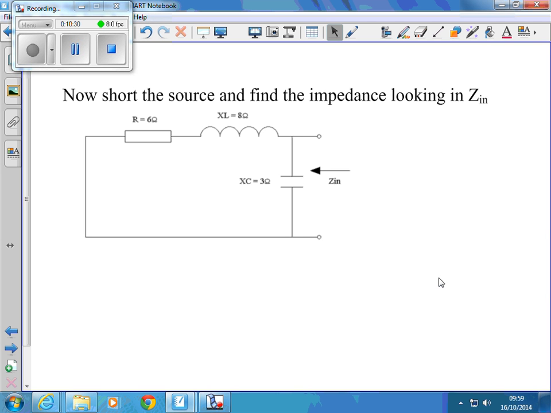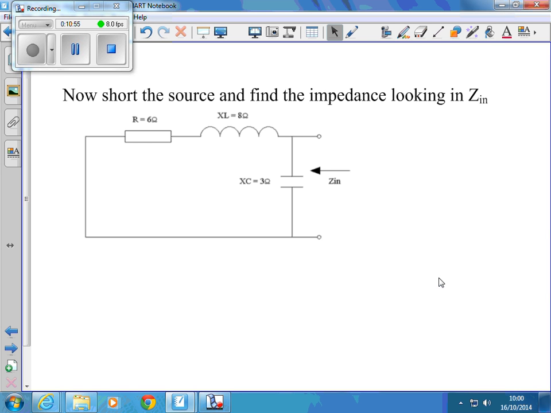We've got a capacitor, an inductor. How are they connected? The resistance and the inductor are in series with each other, and that series part is in parallel with the capacitor.